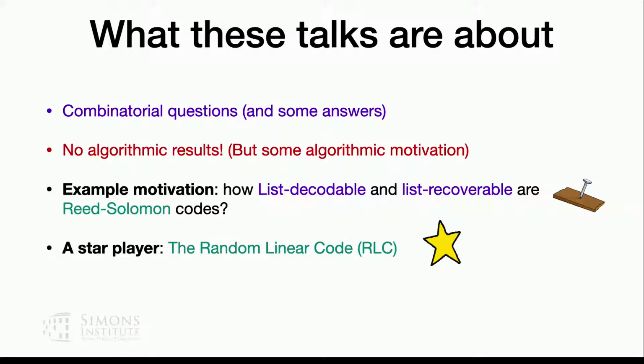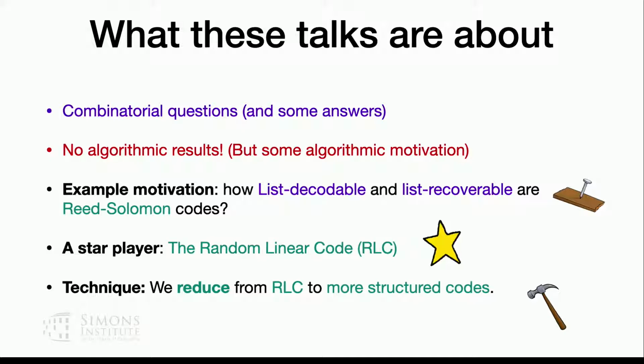And the star player in these talks is actually going to be the humble random linear code. A random linear code is a very, very basic construct. We're going to define exactly what we mean by random linear code soon. And maybe the technique that a lot of what we're going to do involves is first getting some understanding about how a random linear code behaves, and then reducing from a random linear code to more structured codes.